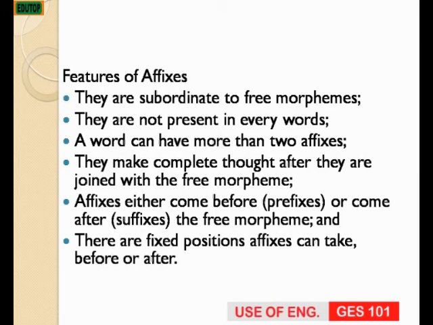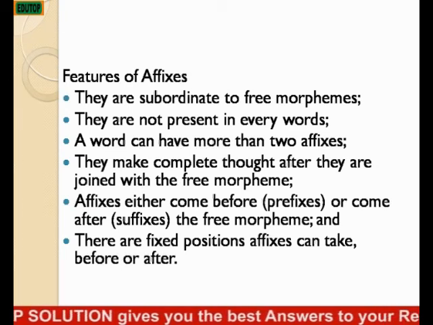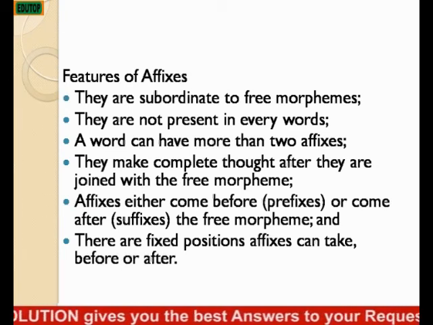Affixes are subordinate to free morphemes. This means affixes can't make their complete thought, their meanings, without the free morphemes. You have to add free morphemes to affixes before they can be meaningful.